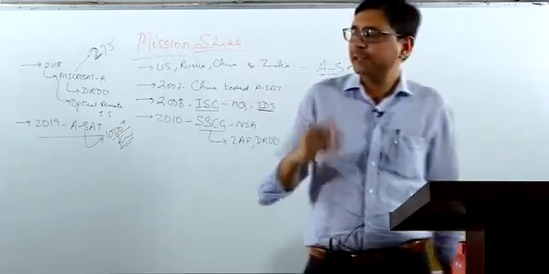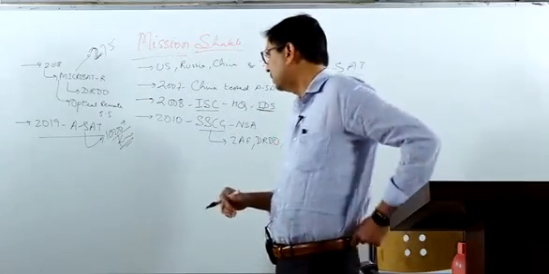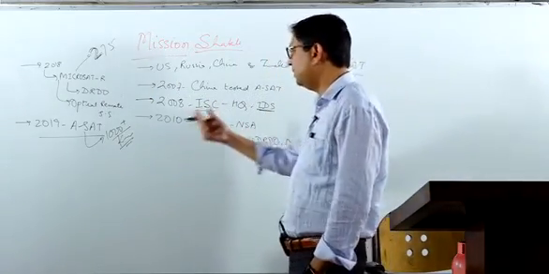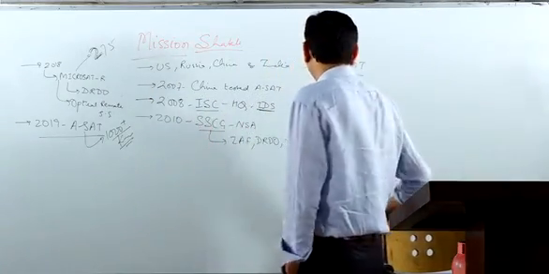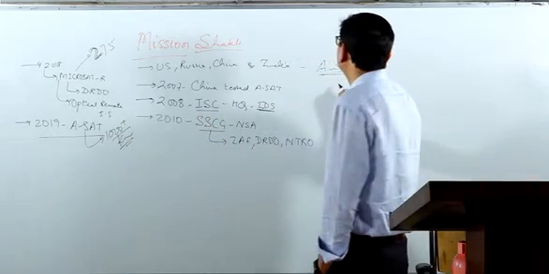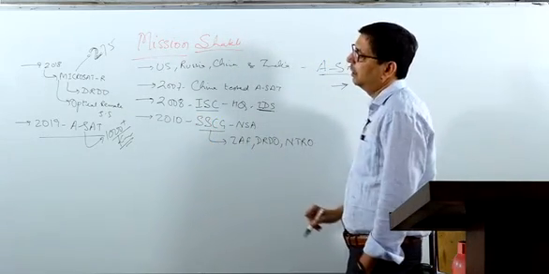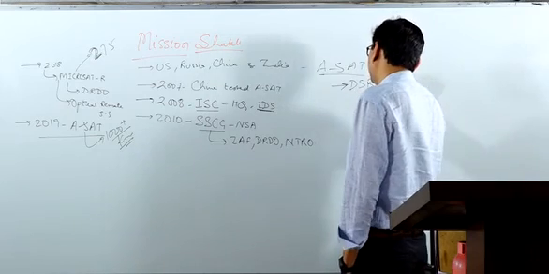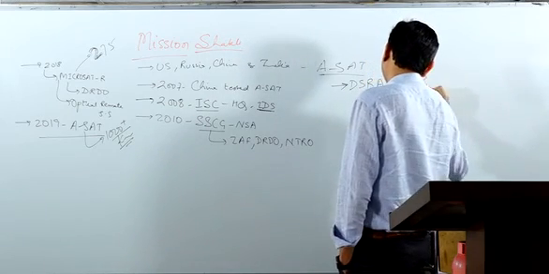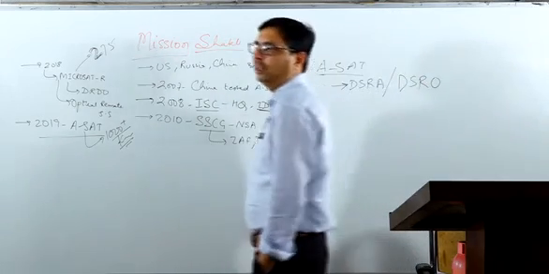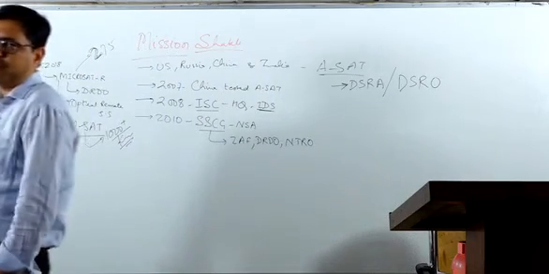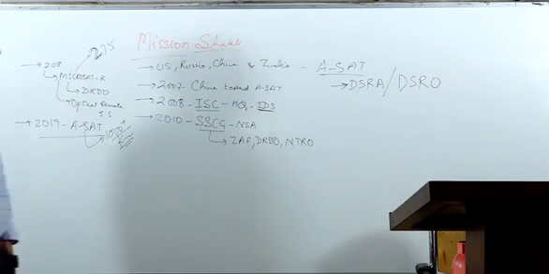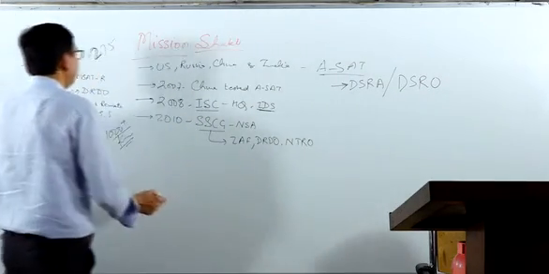Fine. Now, let's move further. What happened after the testing of this missile? After the testing of this missile, DSRA was created, Defense Space Research Agency. So, chronology has been going on like this.